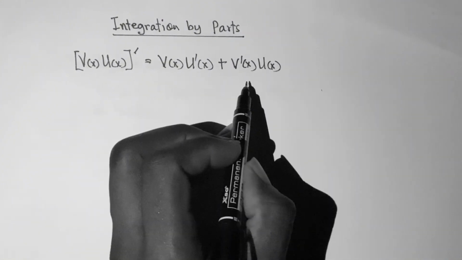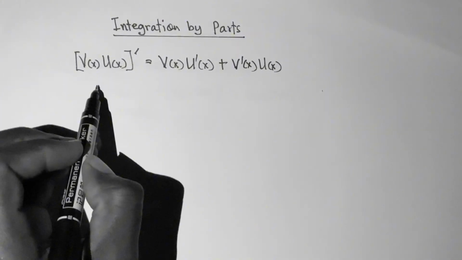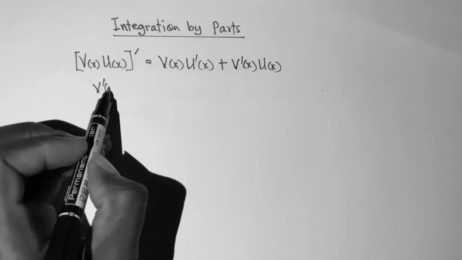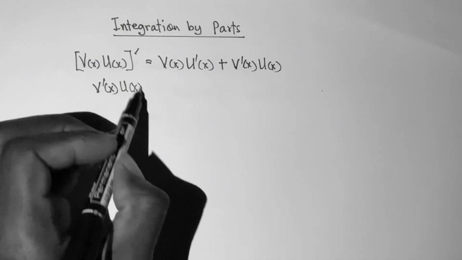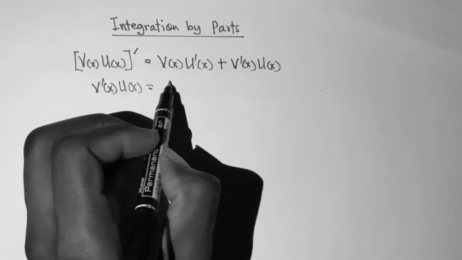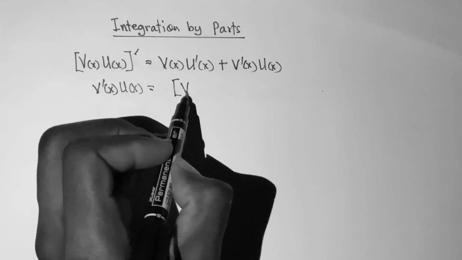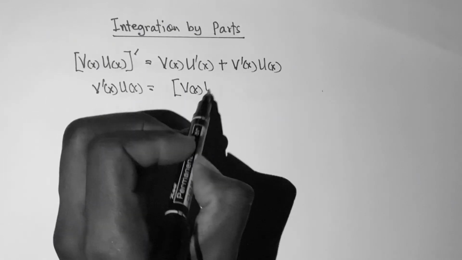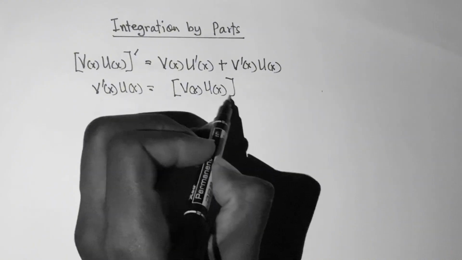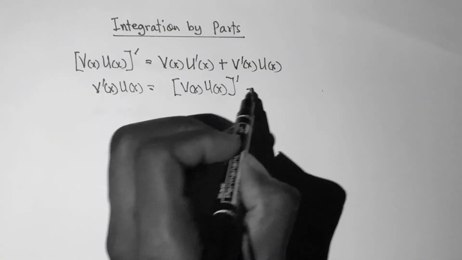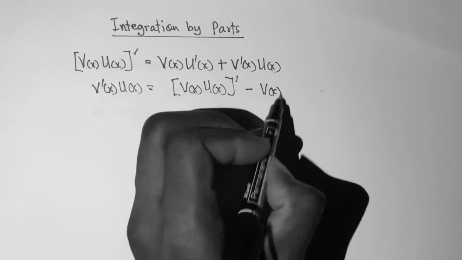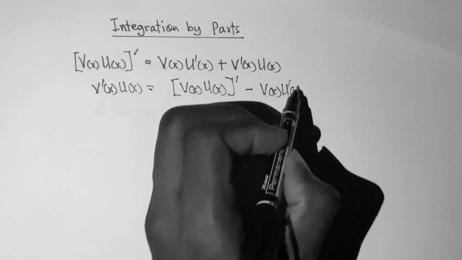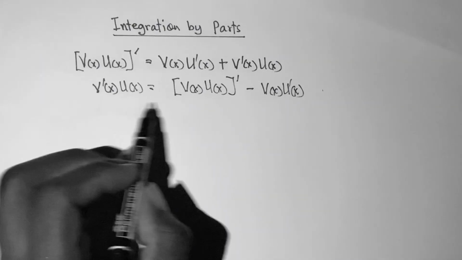So let's make v prime of x, u of x the subject. So this becomes v prime of x, u of x equals, so all of this is the same as v of x, u of x prime, then minus v of x, u prime of x. Now let's integrate all.